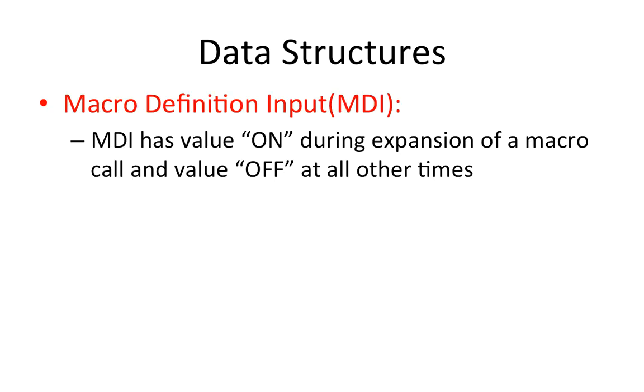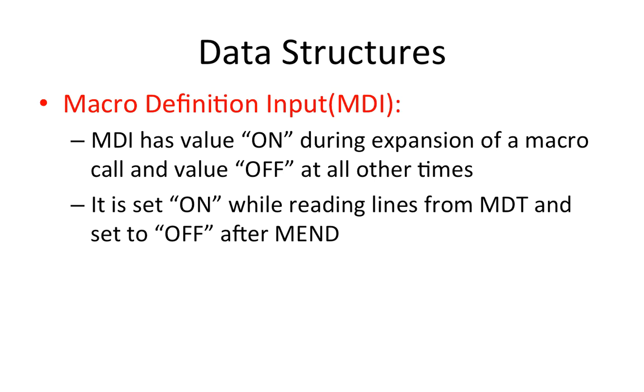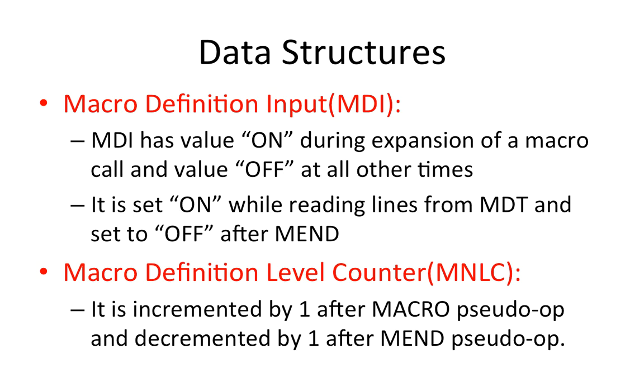In addition to that, it makes use of the macro definition input, which is like a flag, set to on during expansion and otherwise set off. It is set on while reading lines from the MDT and set off after MEND. The macro definition level counter is incremented by 1 after MACRO and decremented after the MEND pseudo op.